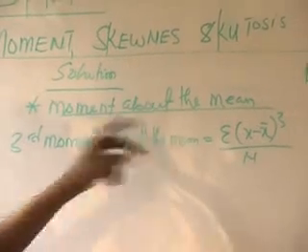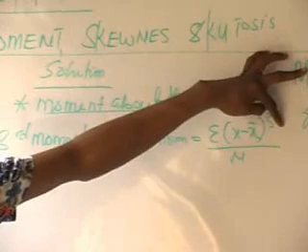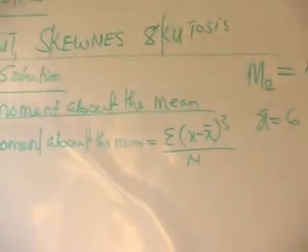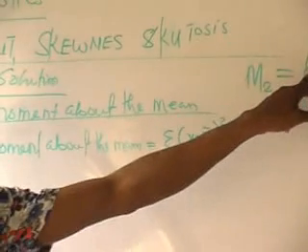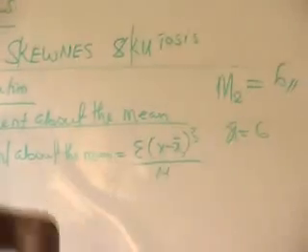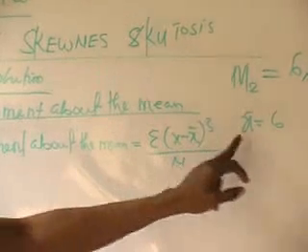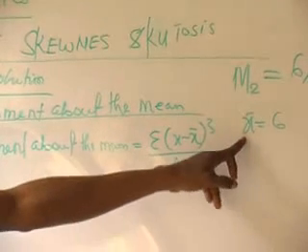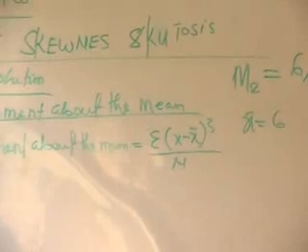Third moment. Because it is third, the power will be 3. And you know that our x bar already is 6. Please take note that because this one is 6 does not mean that your x must be 6. It just happened by coincidence. So whatever your x bar is, we have calculated it before. Because of this, I still have to write it here. So let's go with that.